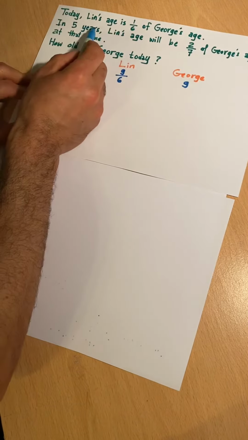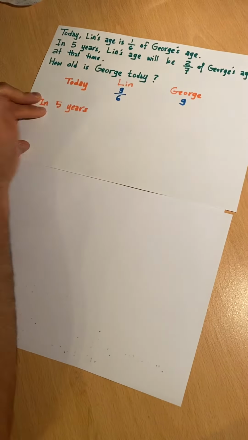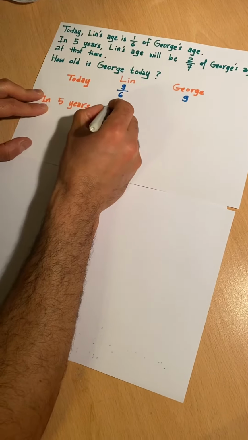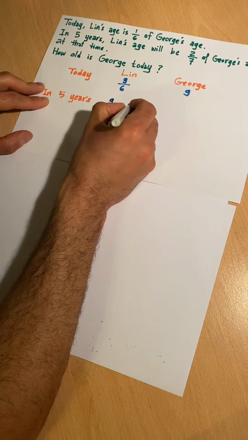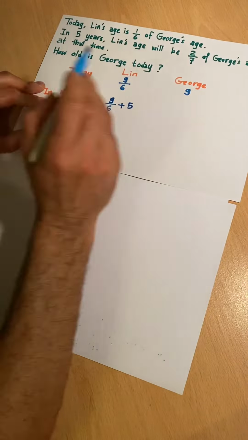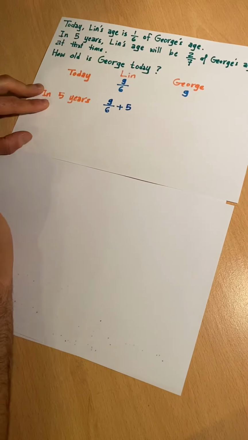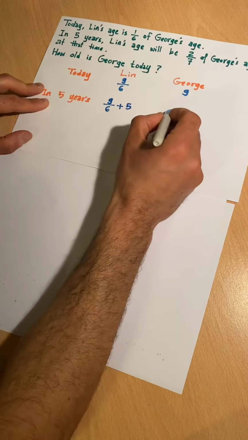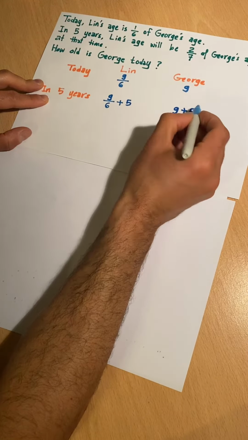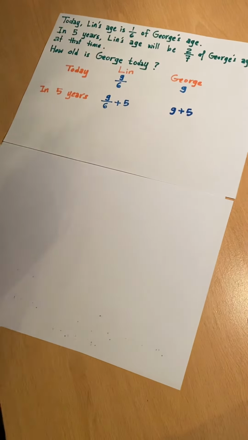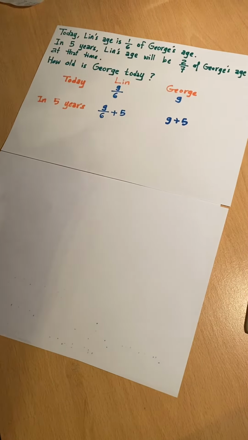In 5 years, what's going to happen? Lynn's age is going to be G/6 plus 5. George's age is going to be G plus 5. Up to this point, we are okay. Now we put it all together.